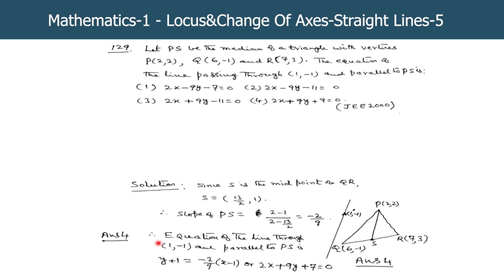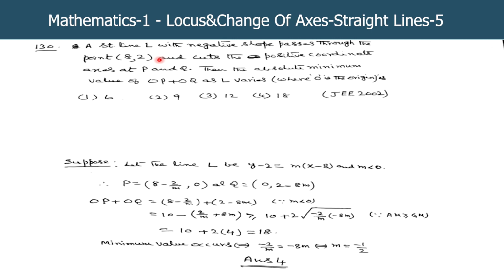So therefore, the equation of the line through (1, minus 1) and parallel to PS is y plus 1 is equal to minus 2 by 9 into (x minus 1), or 2x plus 9y plus 7 equal to 0, which is option number 4. Because you know that any line parallel to a given line must have the same slope.